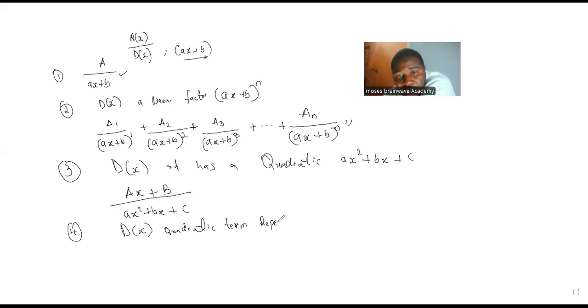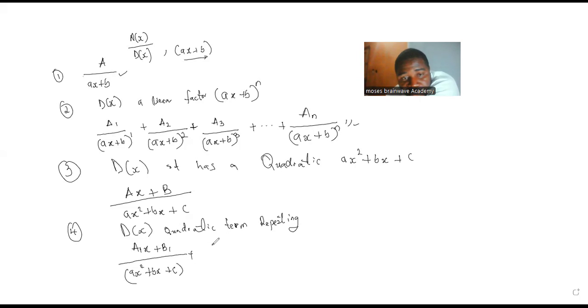Similarly, just like we have done with the singular term, that's the same thing you're going to do with the terms that are repeating. So in this case, we're going to have a1 x plus b1. Then all these constants are going to be for the initial one, which is ax squared plus bx plus c, of course.